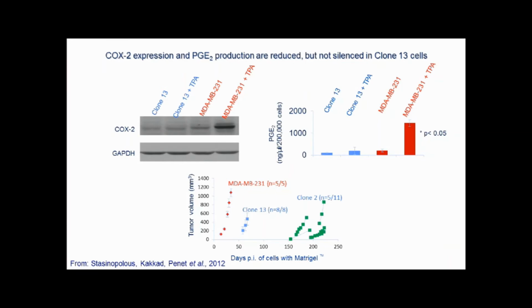And here you can see that these cells are called clone 13, and they actually grow in vivo, though at a much reduced rate compared to the wild type 231s or clone 2, which has COX-2 completely wiped out. So you see a little bit of COX-2 in these clone 13 cells.